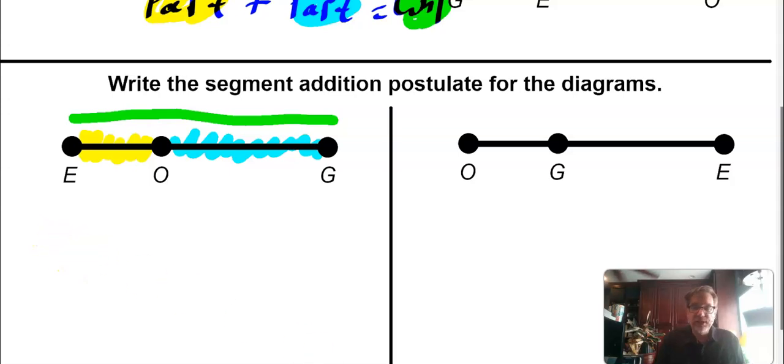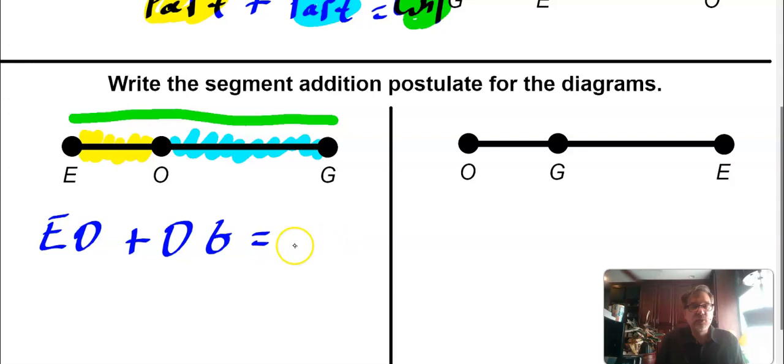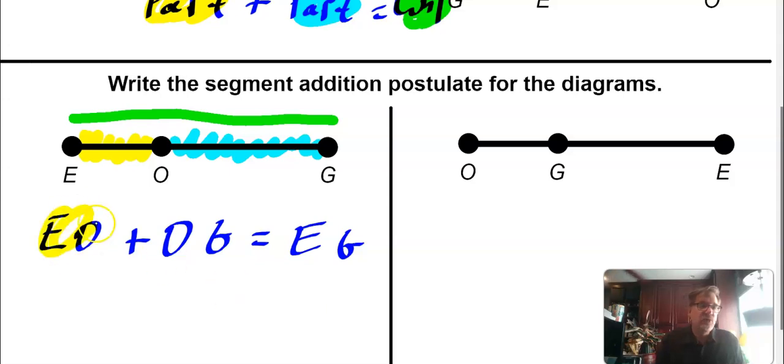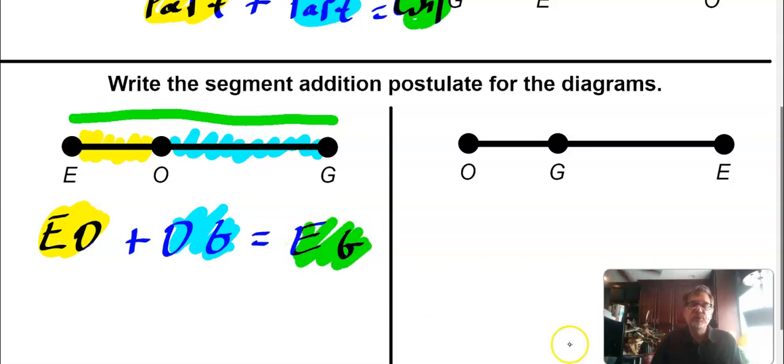So the length of the front, EO, there's my yellow, plus the length of the blue equals the length of the green. The length of EO plus the length of OG equals the length of the whole thing. Boom, colors make it pop.